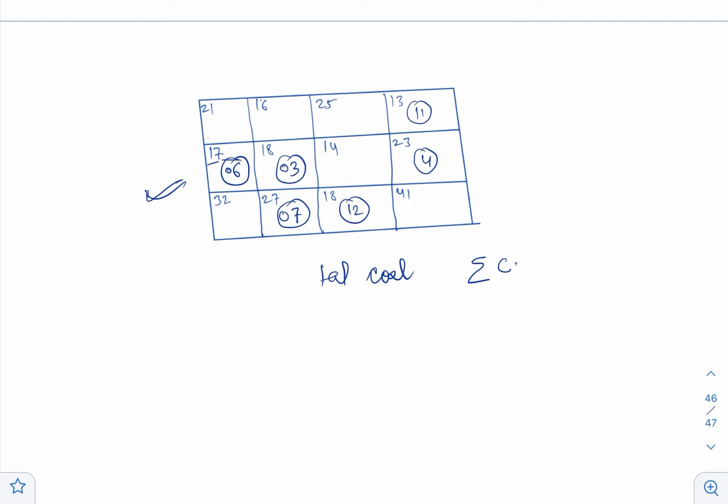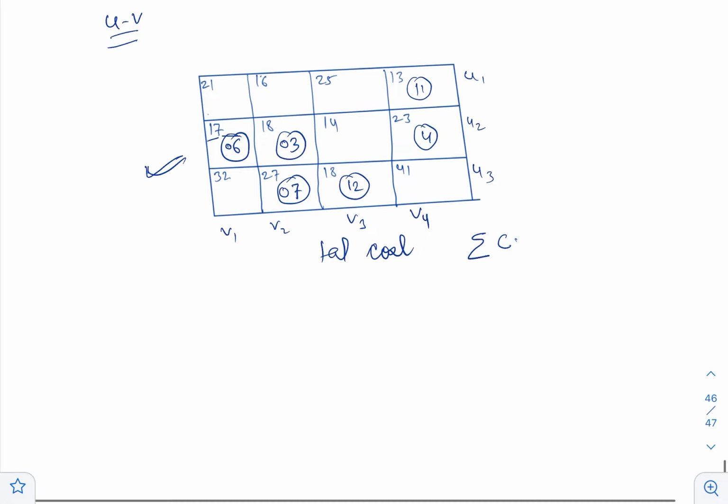So this is the initial basic feasible solution. We use the UV method. What are these U and V's? These are dual variables. Dual variables associated with rows are U1, U2, and U3, and with columns V1, V2, V3, and V4.